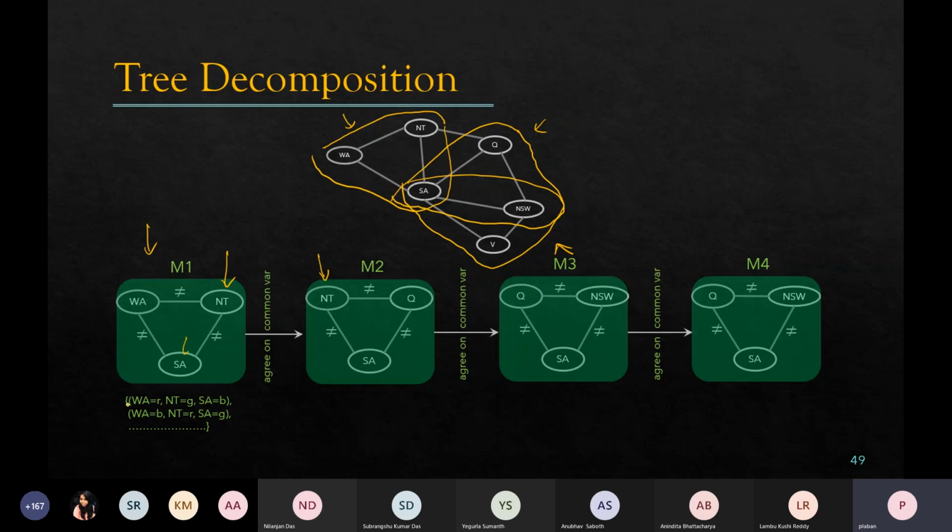So apart from these constraints that we are having here, we are having new constraints. And as a result, what we are getting, we are having a tree structured CSP. Right? And we know that tree structured CSPs are very easier to solve. And this way, we can really convert almost all the graph structured CSP into a tree structured CSP.